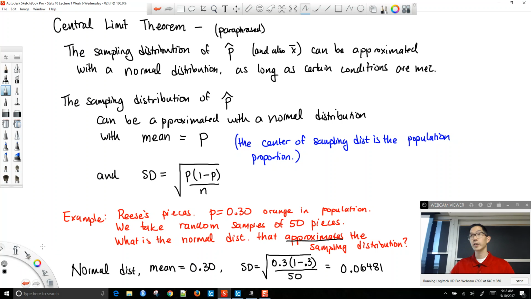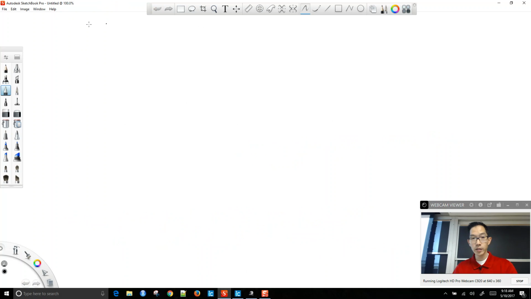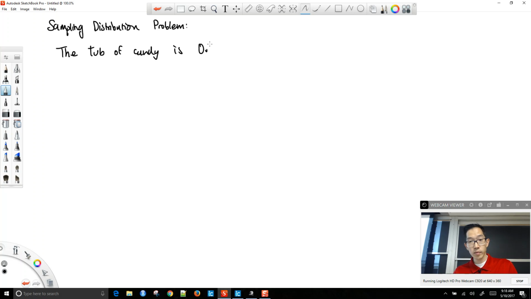Okay, I'm going to flip the slide here. So we'll call this a sampling distribution problem. We'll say that the tub of candy is 0.30 orange, and we will draw a random sample of 50 pieces.